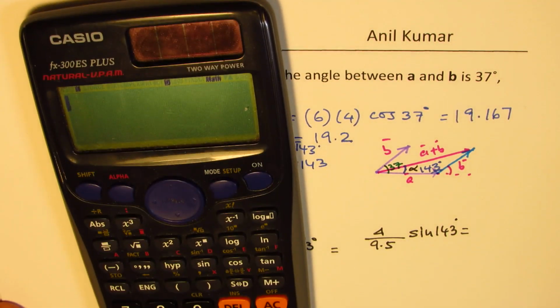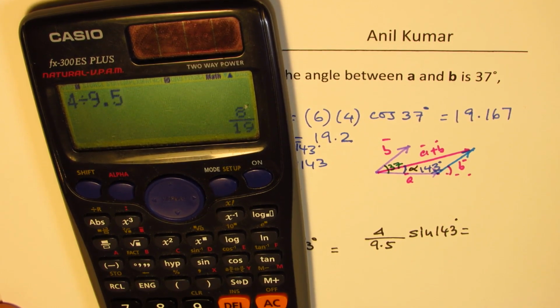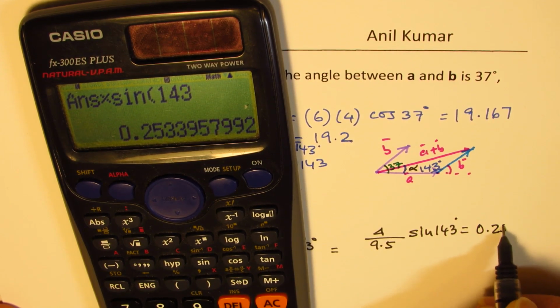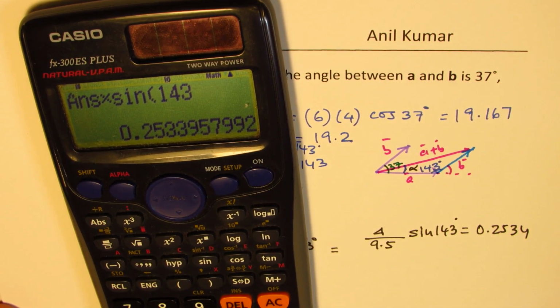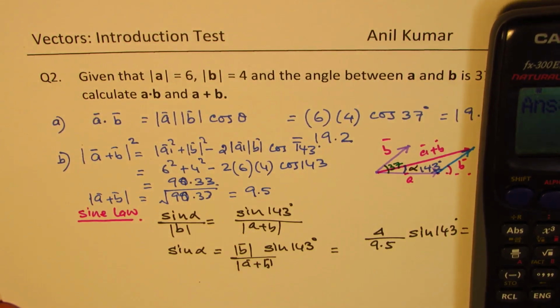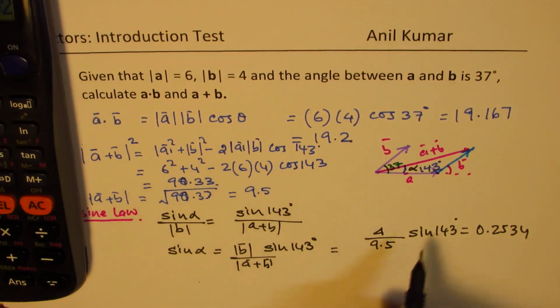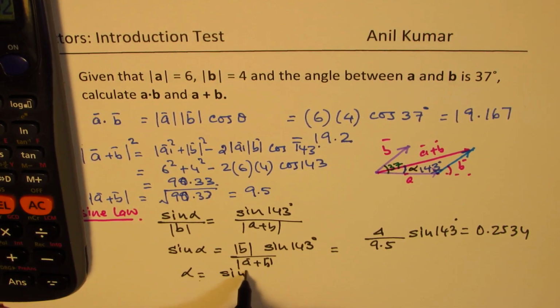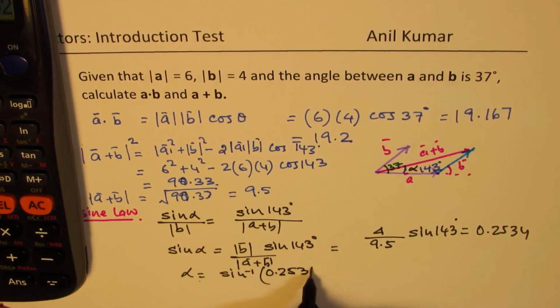So we get 4 divided by 9.5 times sine of 143, which is 0.2534. Now alpha is sine inverse of this, right? So we'll find alpha, the angle, as sine inverse of 0.2534.